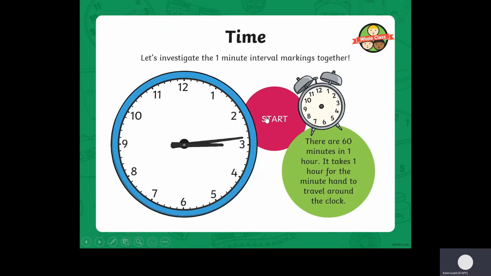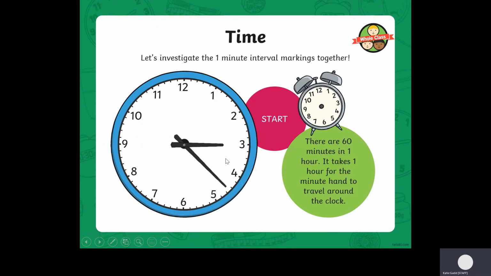Now you might also notice as the minute hand is rotating through the minute intervals, the hour hand is moving ever so slightly each time. So when the minute hand was right up here at 12 for 12 o'clock, the hour hand was pointing directly at the 3 to show you it's 3 o'clock.